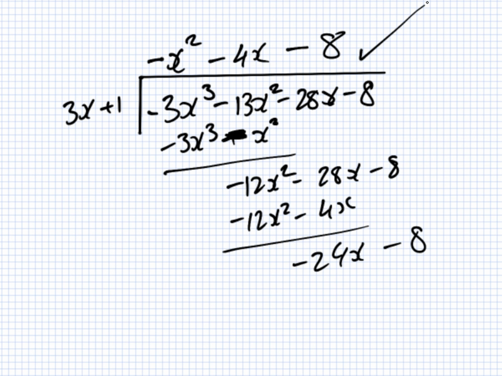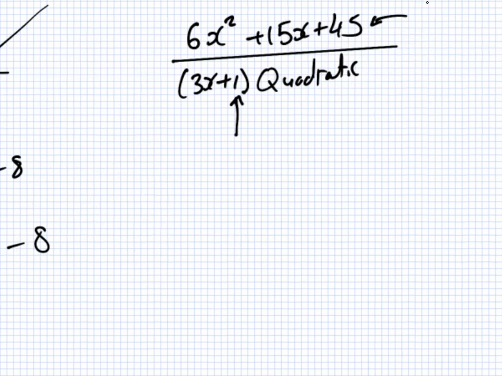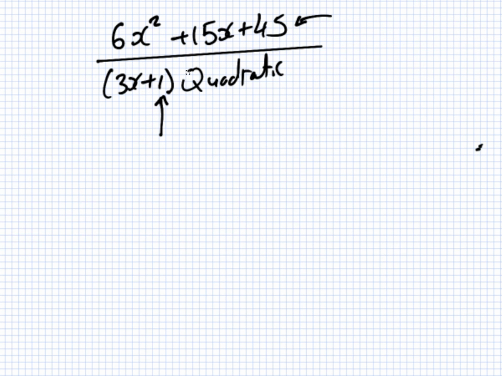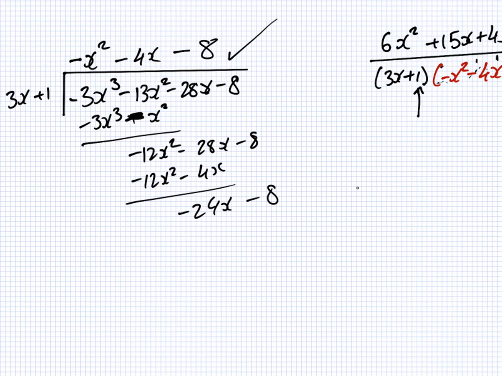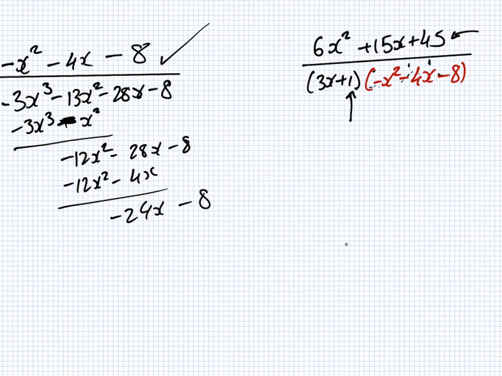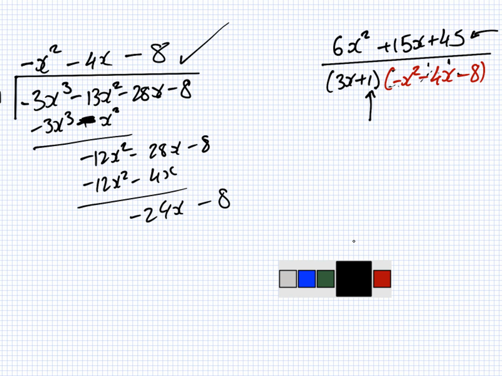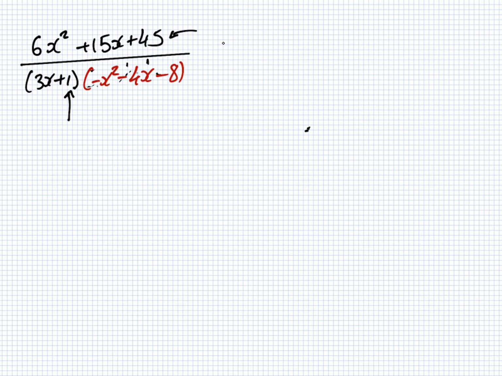So going back to the question now. Minus x squared minus 4x minus 8 was what I got from this one. Okay, so let's think about what the 3 factors could be here. What would be the first one? 3x plus 1. And the second one? The quadratic.